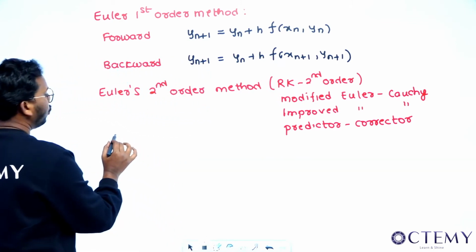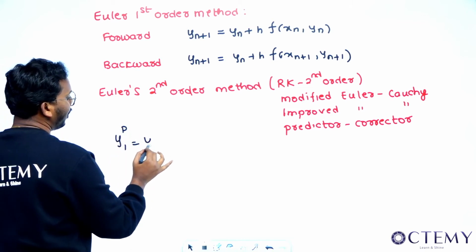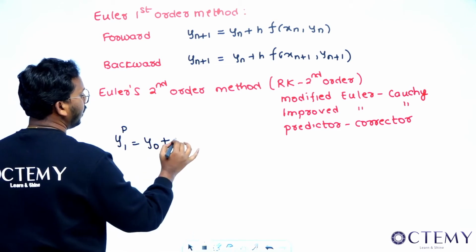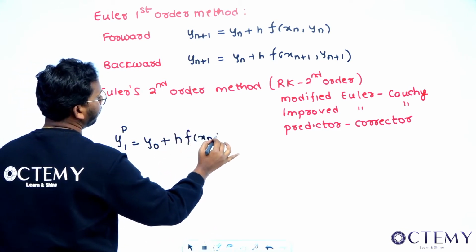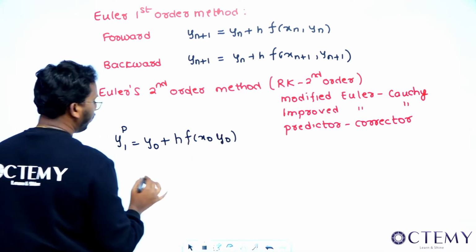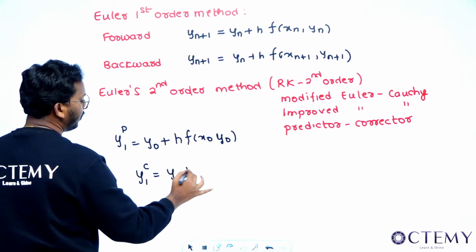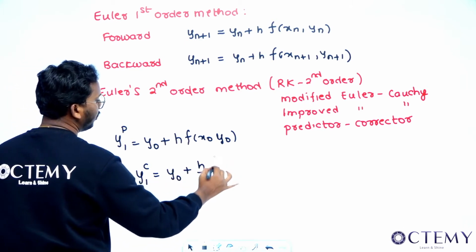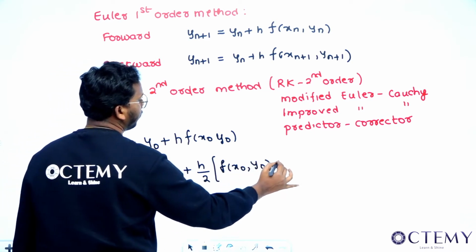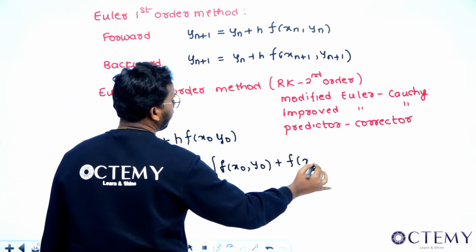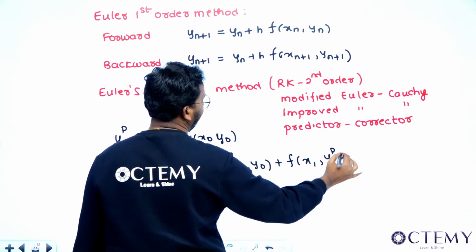In this, what will we do? Your y1p will be equal to y0 plus h times f of x0, y0, and what will be y1c, sir? y1c will be equal to y0 plus h by 2 into f of x0 comma y0 plus f of x1 comma y1 predicted value.